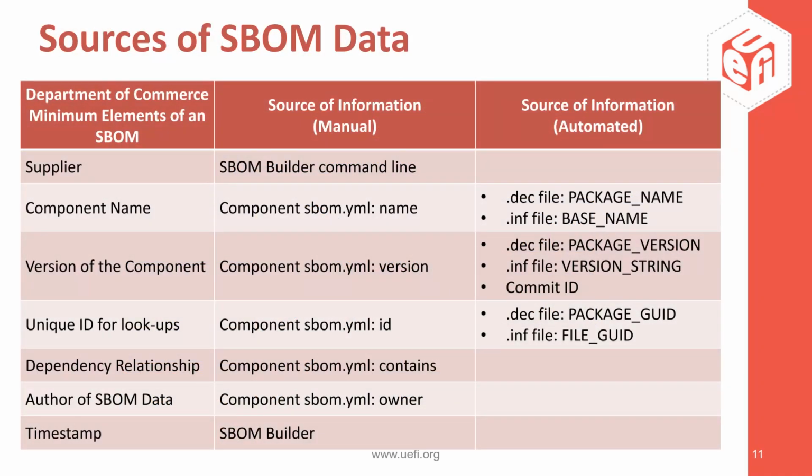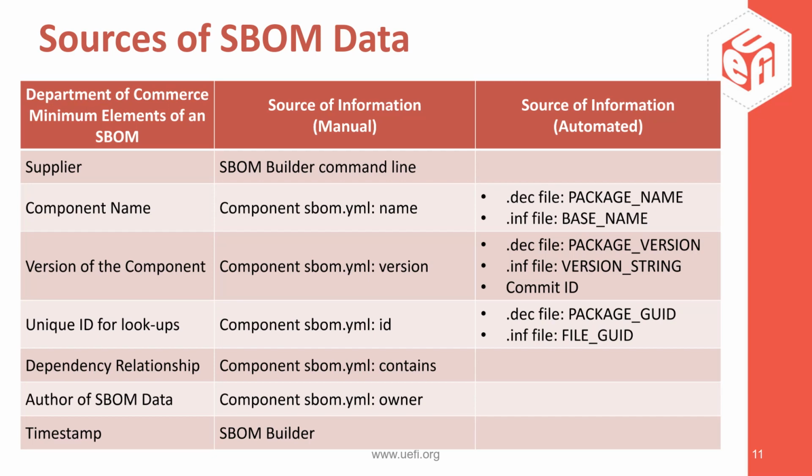So essentially the executive order itself just says that everybody should have an SBOM, and then there is a clarification from the Department of Commerce that defines the minimum elements of an SBOM. So let's see where the information for those minimum elements can be collected.